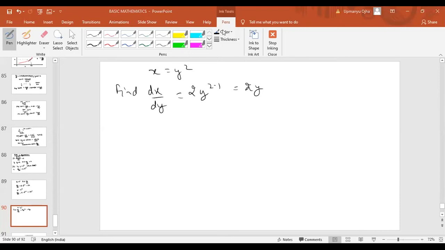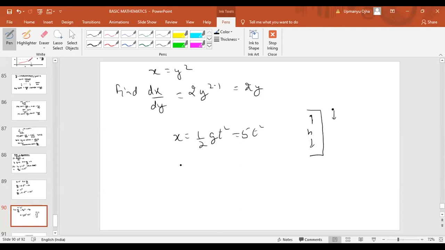One more good example is when you drop a ball from some height h. If you remember the equation of motion when the ball is dropped from the height, it is x equal to ut plus half gt square, which we can say is 5t square.